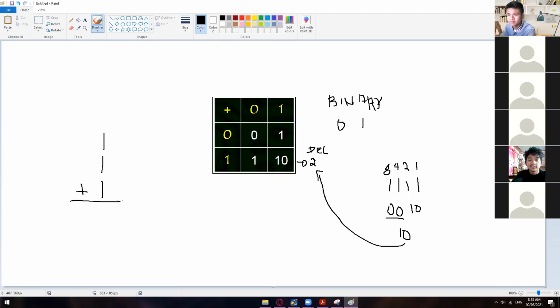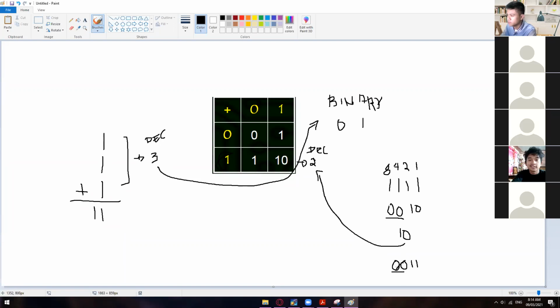We have three ones, and the result is 11. In decimal, 1 plus 1 plus 1 is equal to 3. But again, this decimal should be converted into binary, which is represented by 0s and 1s only. So if you're going to form 3, you have to activate the 2 and 1. So it should be 0, 1, 1.